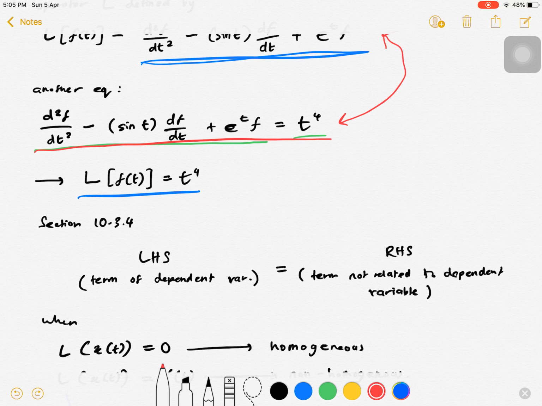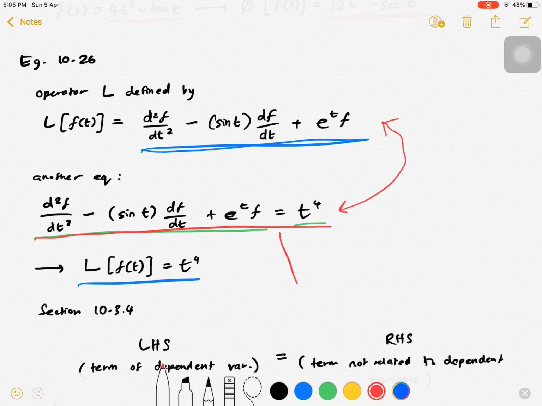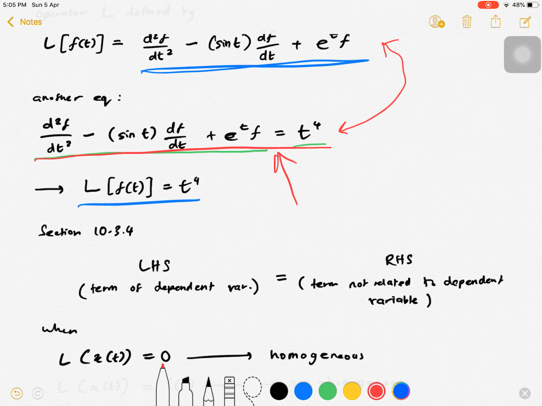So actually, if you look at this equation, the arrangement is the standard arrangement, where at the left hand side right here, we only put components where the term of dependent variable occurs. I mean, the term of dependent variable is only in the left hand side, and any term or component that is not related to the dependent variable, we put it at the right hand side.